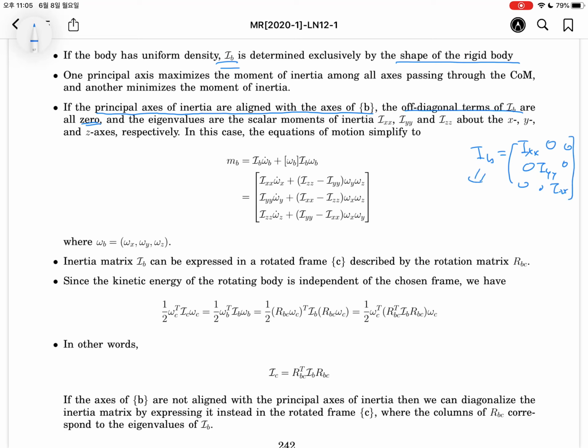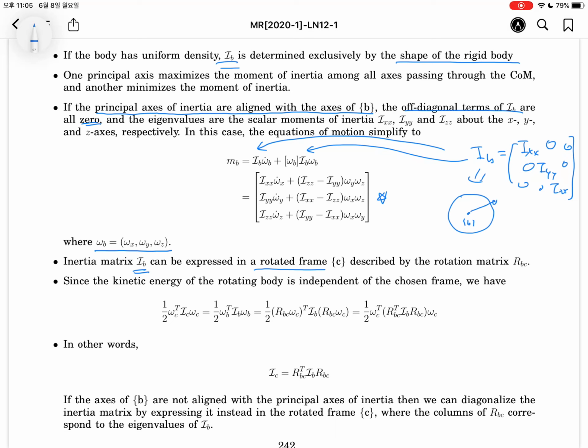If you apply this diagonal matrix to here and here using the omega b, then we can obtain the simplified Euler equation. Here the inertial matrix IB can be expressed in any rotated frame. This is any rigid body, and maybe this is the center of mass.